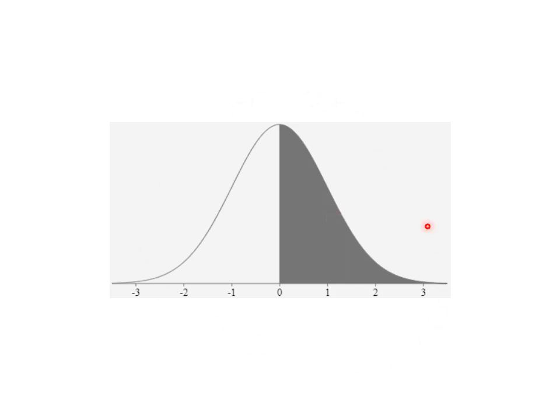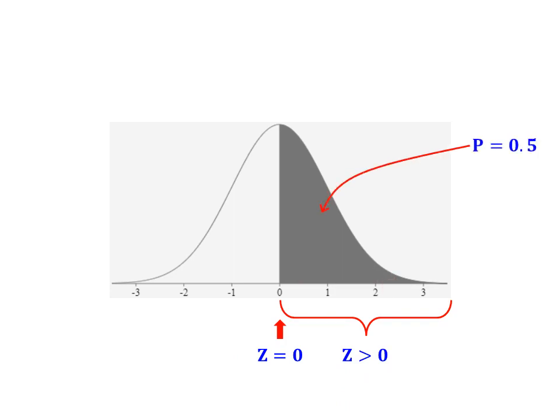We have learned that the total probability of the whole bell curve is equal to 1. And the symmetry line is here at Z equals 0. So when Z is greater than 0, the probability is equal to half of the total probability of the whole bell curve, which is 0.5.